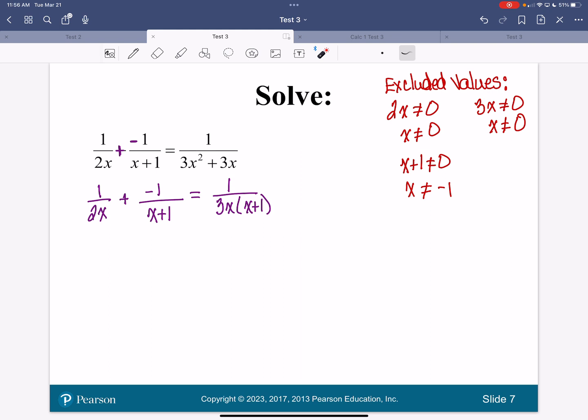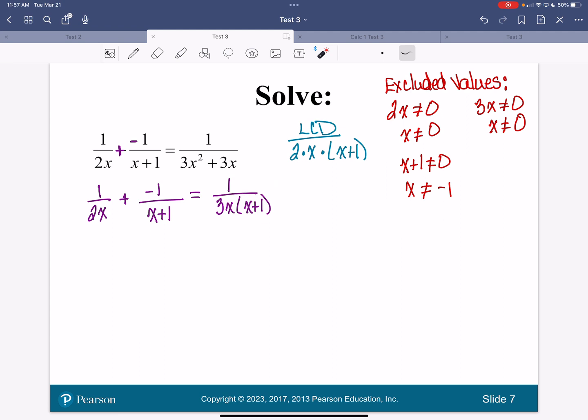Okay, so now I want to find my LCD. I've got a 2 and an x, so I'm going to have 2 times x. This x is different than this x because it's in a binomial. I've got to include that entire binomial as part of my LCD, so that's going to be x plus 1. I've got the x covered in this last one, and I've got the x plus 1 covered.